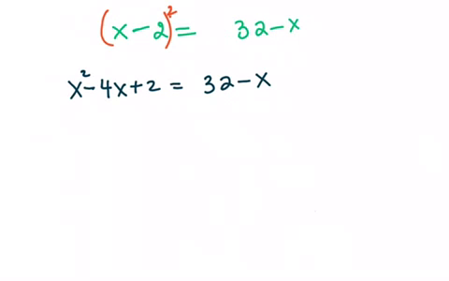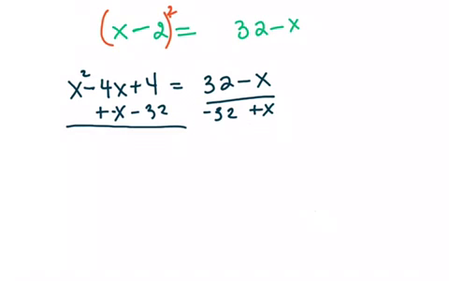All of that goes away. All right, now I'm going to, once again, bring both of these things over to this side. Guys, I apologize. This is not plus 2. It's plus 4. All right, so I'm going to bring both of these things over, minus 32 and plus x. So plus x here and minus 32.